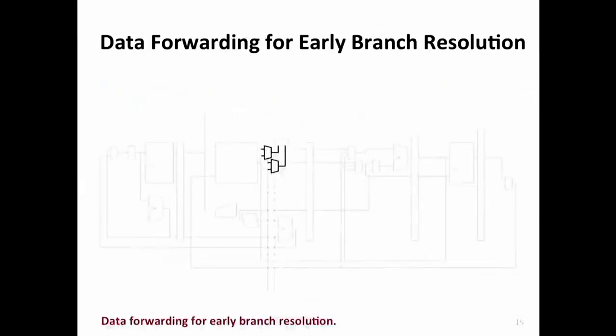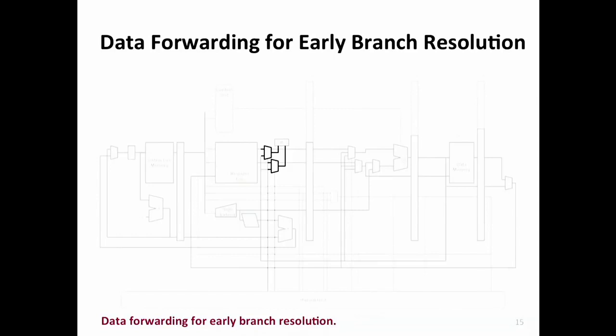Which is power consumption. Okay, so basically you need the data forwarding for early branch resolution, because if the branch depends on the next instruction, this just doesn't work, right? Because you don't have the data forwarded to this stage. So you need additional data forwarding paths from this stage, as well as this stage, as well as this stage.